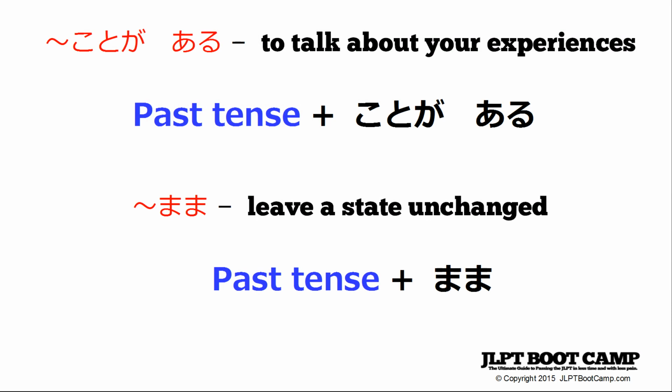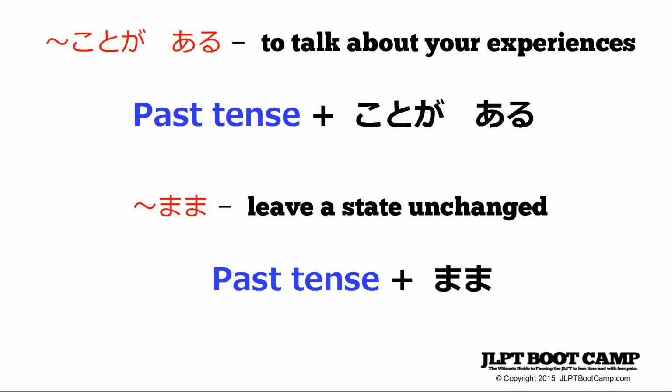So to finish it off, today we used koto ga aru to talk about your experiences. That's past tense plus koto ga aru. And just keep in mind that you can use times with this structure, unlike in English, where you can't use times with the present perfect tense.